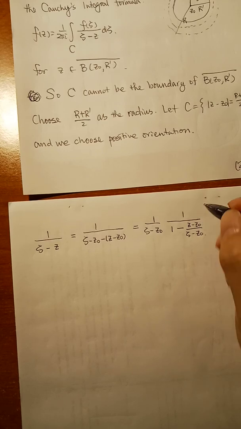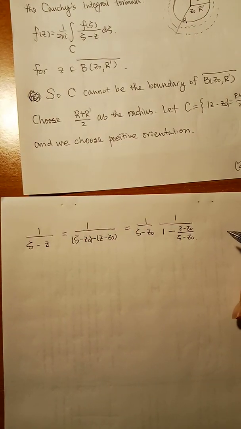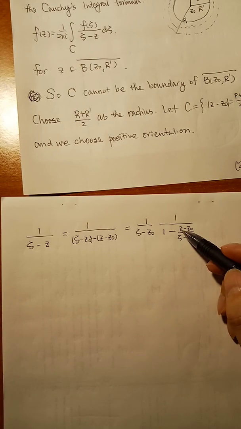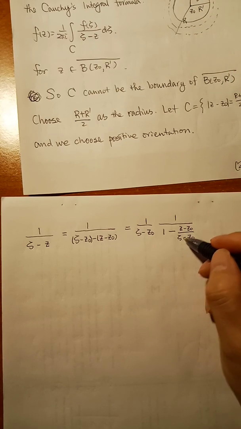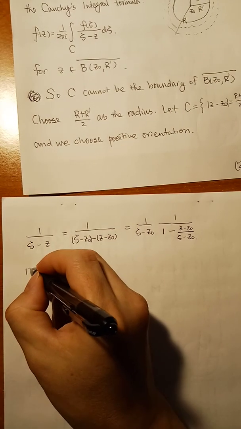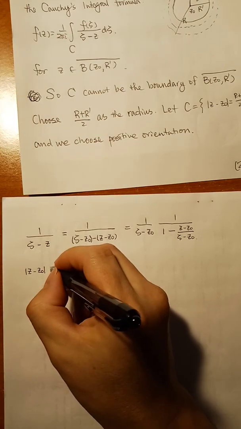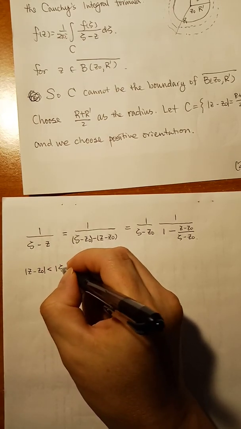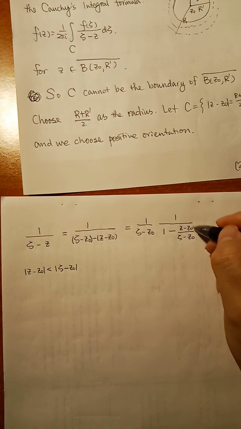Check here. This z is from this closed disk, and theta is from this middle circle. So we know that the distance between z and z0 is strictly less than the distance between theta and z0. So this is a complex number with modulus less than 1.